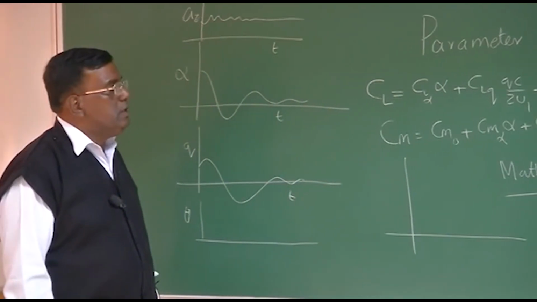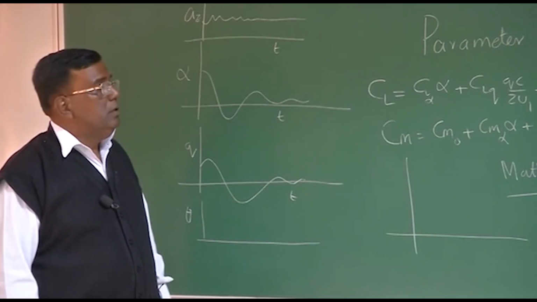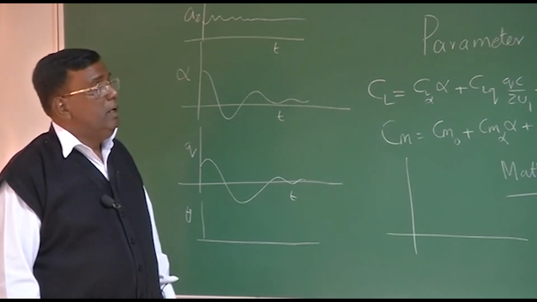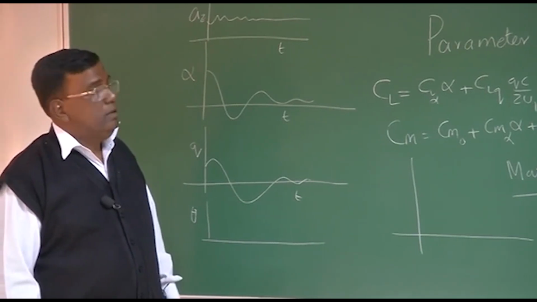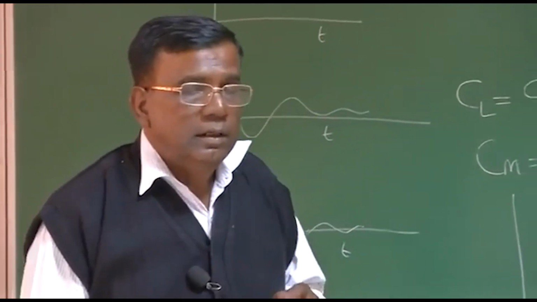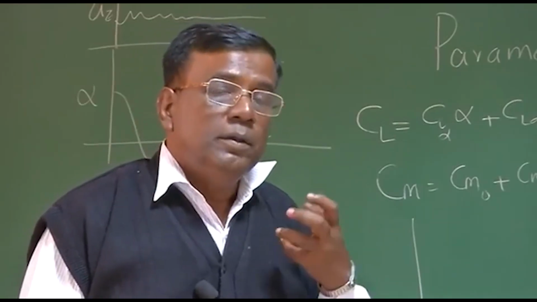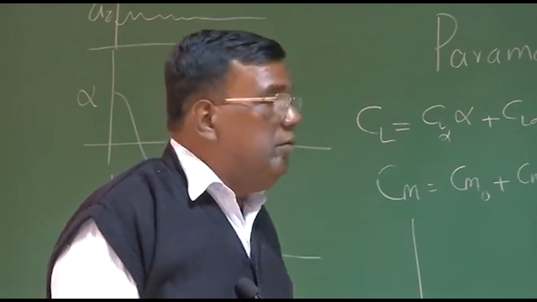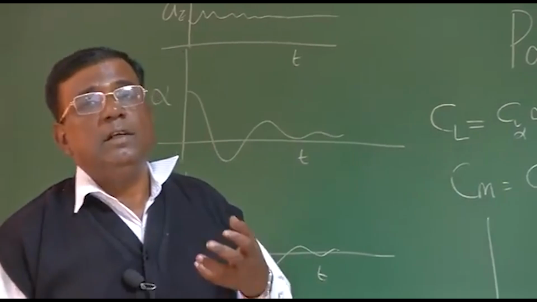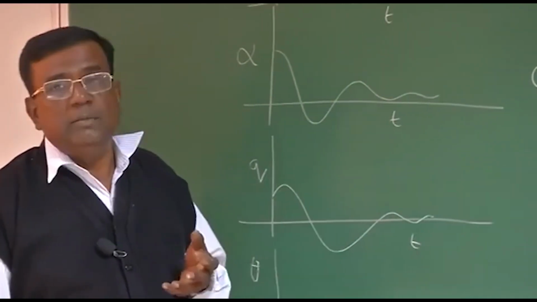But if you are interested in doing research or post-graduation in this area of flight testing or parameter estimation, this should motivate you to think how to follow the conventional path as well as the unconventional, which is neural network based methods, to estimate these parameters.